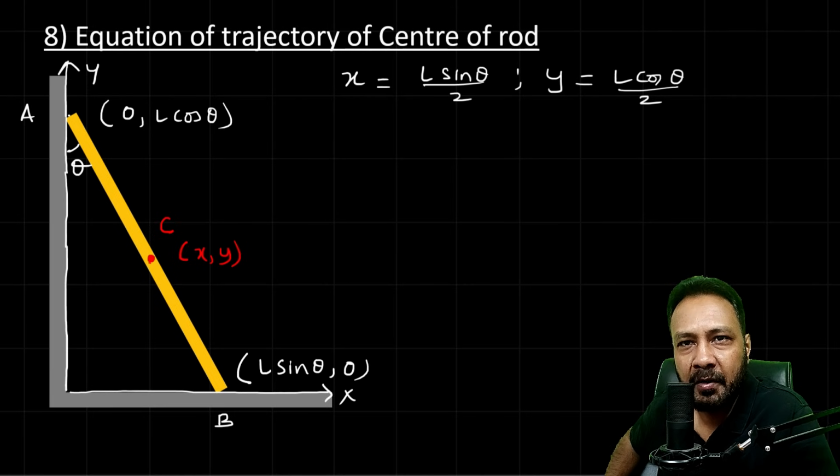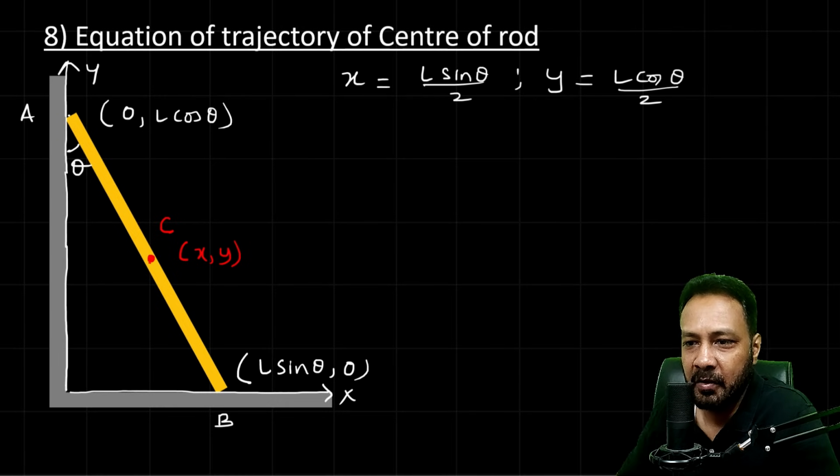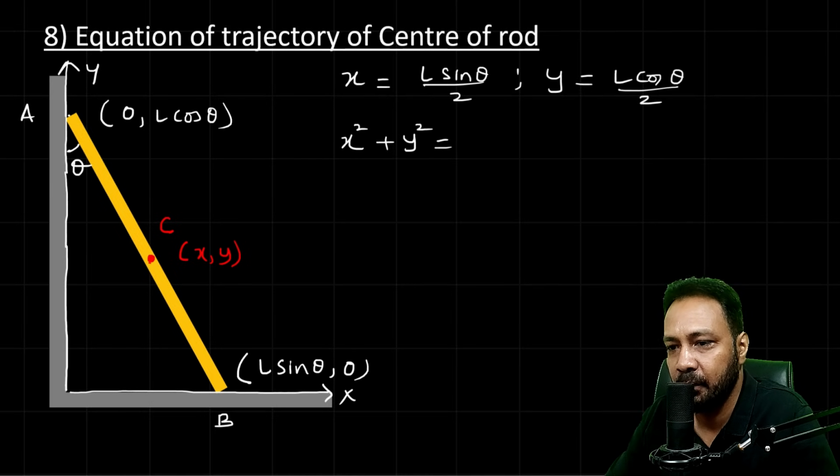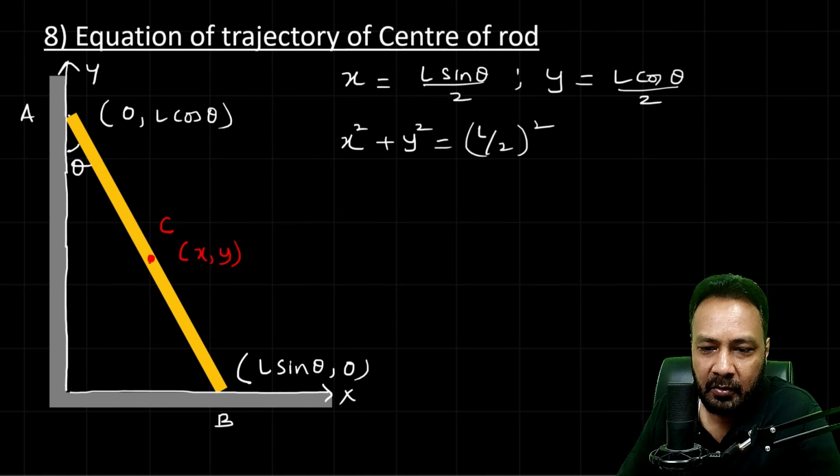Theta would be omega t plus half alpha t square, so time is there inside theta. To find equation of trajectory, we have to eliminate the time term, so we have to eliminate the theta term. Simply square and add these two. So squaring and adding, I will get x square plus y square is equal to L by 2 whole square.